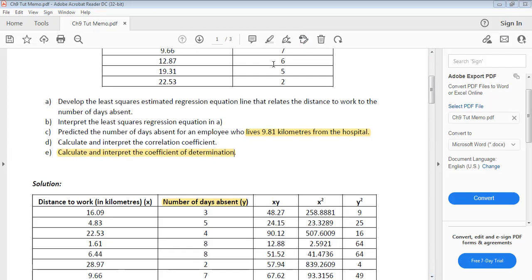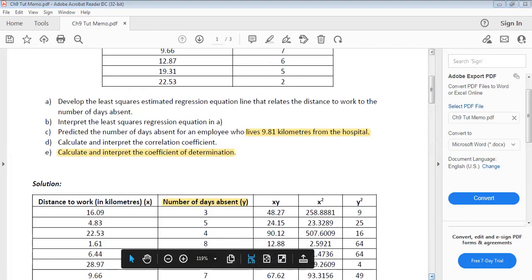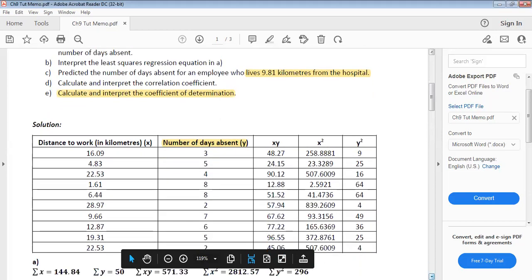Excel is very quick. But I'll make a video on the calculator as well. For now, for question 2, I'm going to show you how to use Excel. Excel is going to be very easy for you guys. But I'll make a video on how to use it on the calculator. All right. But I'll show you the Excel one in the next question.